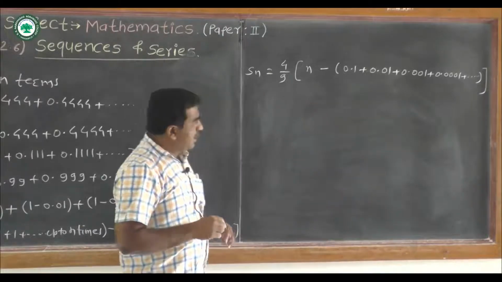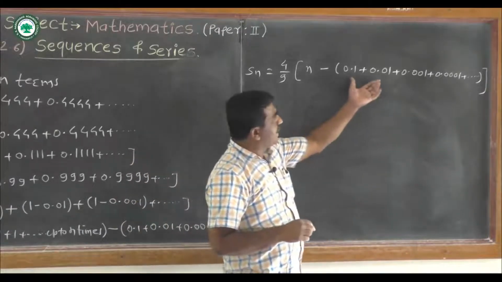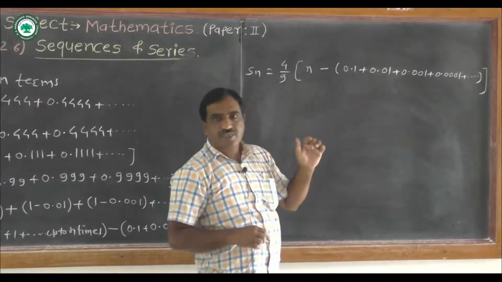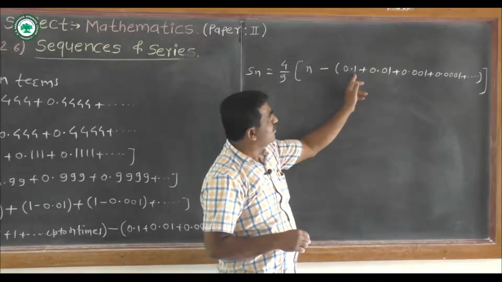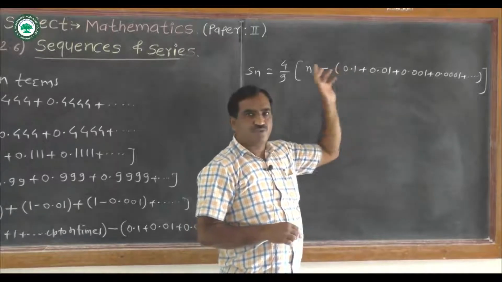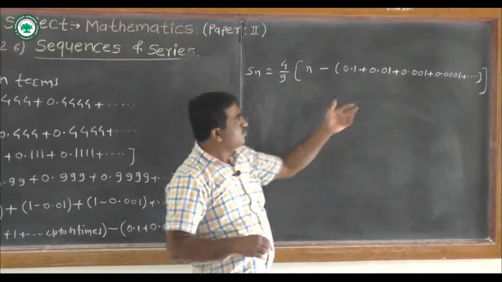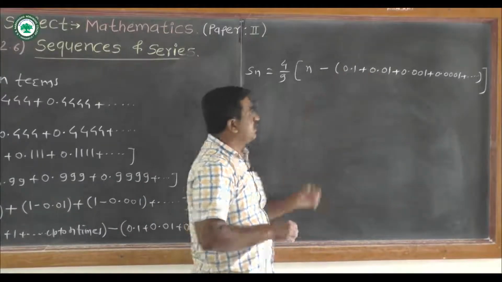Okay, now here the terms in this second bracket form a geometric progression whose first term is 0.1 and common ratio r is also 0.1. Therefore we can use formula for Sn here.